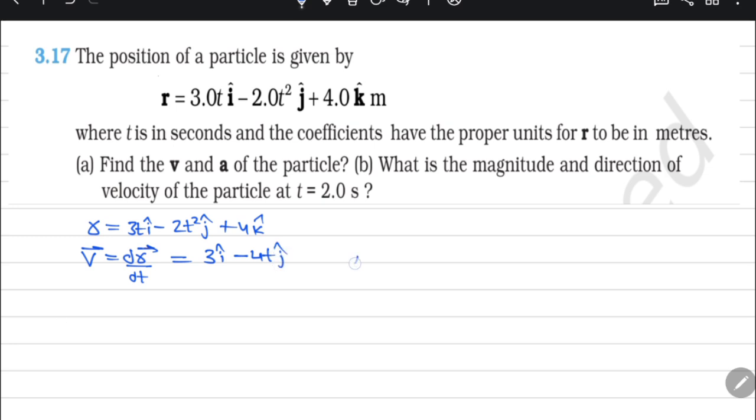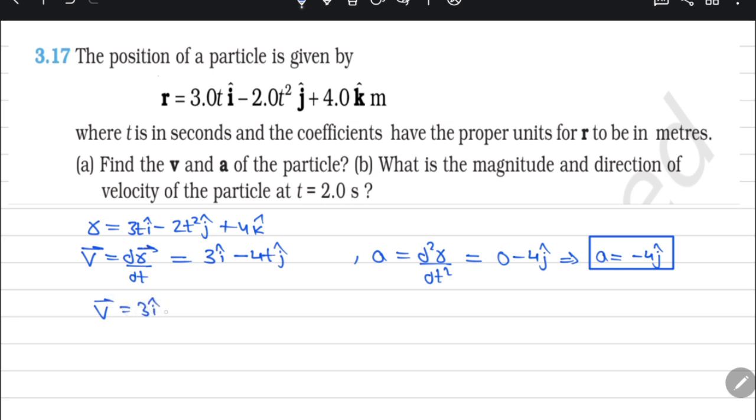And acceleration you can find by double differentiation, d square r by dt square. So this is 0 minus 4 j cap. Acceleration is basically minus 4 j cap, and velocity is basically 3 i cap minus 4t j cap.